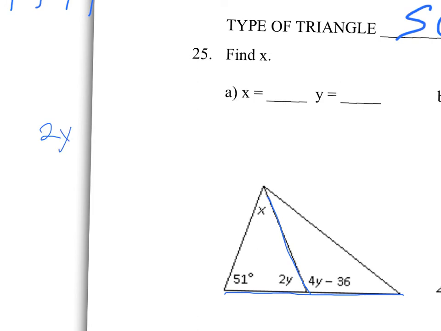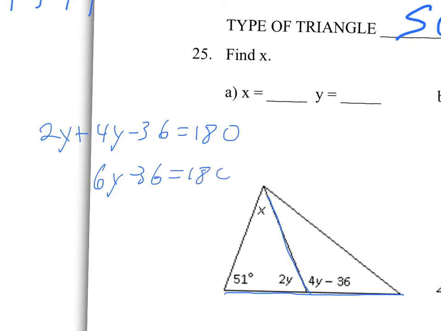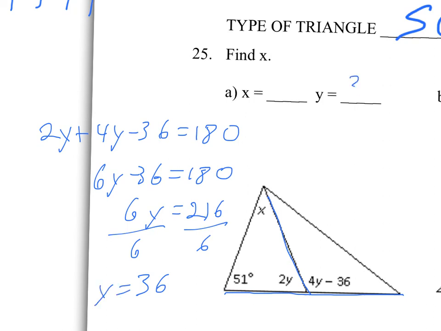So 2y plus 4y minus 36 equals 180 degrees. So 6y minus 36 equals 180. Add 36 to both sides, and we get 216. When I divide by 6, I get 36 as my answer. So y equals 36.